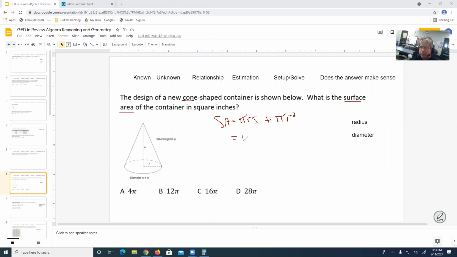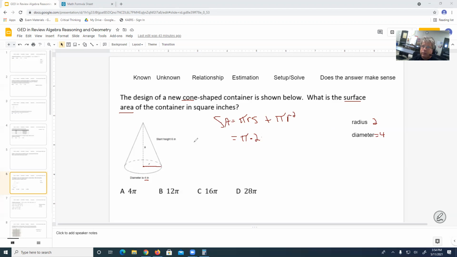It stays in the problem. But remember, pi r s means this is all multiplication, so that means pi times r. R is the radius, the distance from the center out to the edge. The only number they give me is this 4 inches, but that's the diameter. So you've got to remember that the radius is half of the diameter. If the diameter is 4, the radius is going to be half of that, which would be 2.